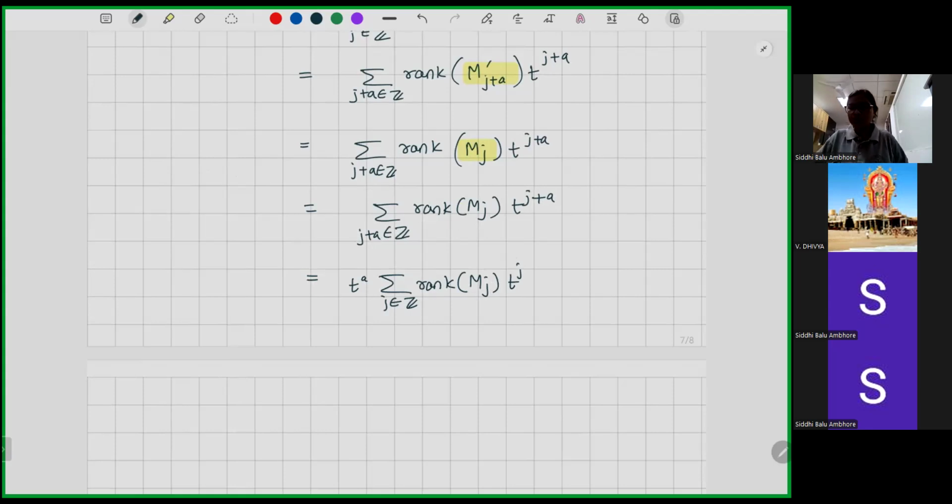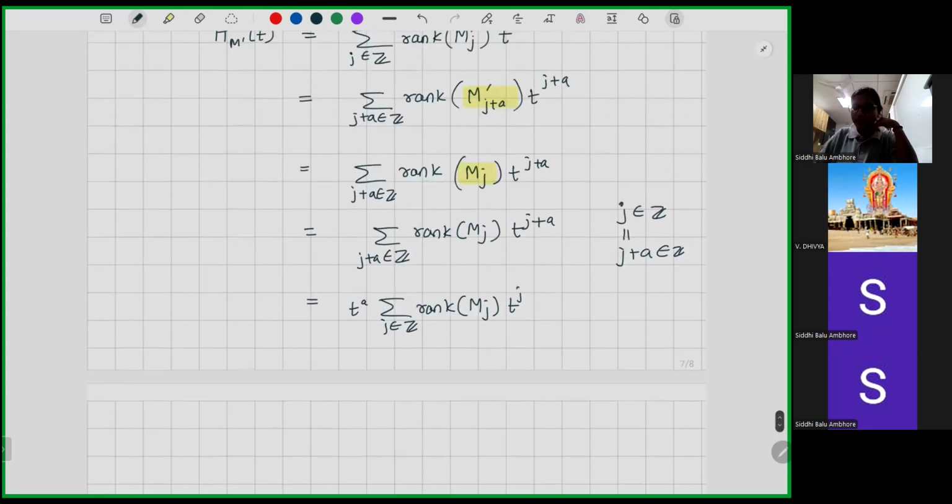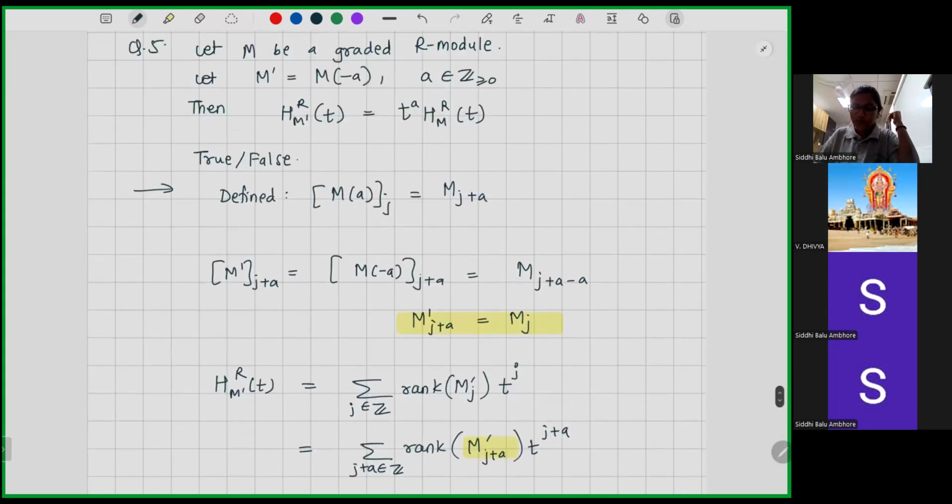And now J plus A belongs to Z, which is just like J belongs to Z, so the summation is running over all the integers. We get this, and this is nothing but t power A times H_M(R, T). And that's what we wanted to show.